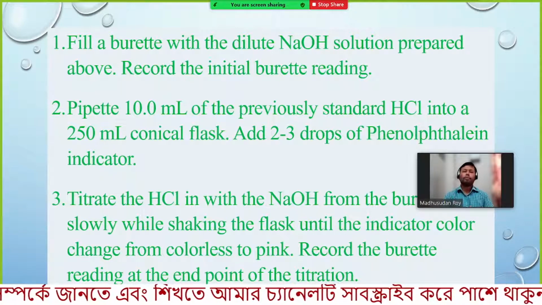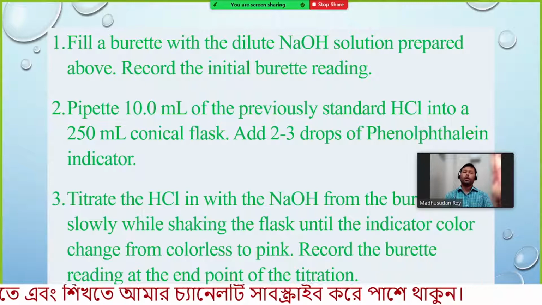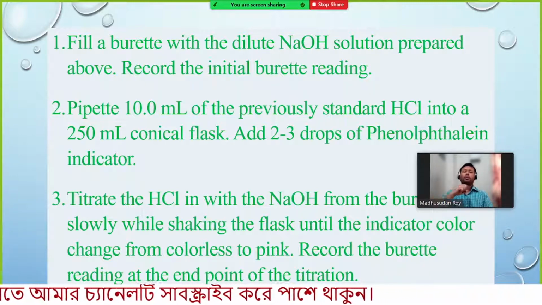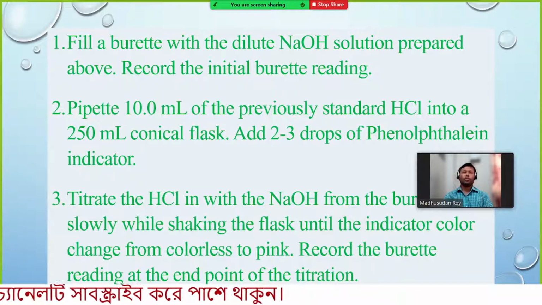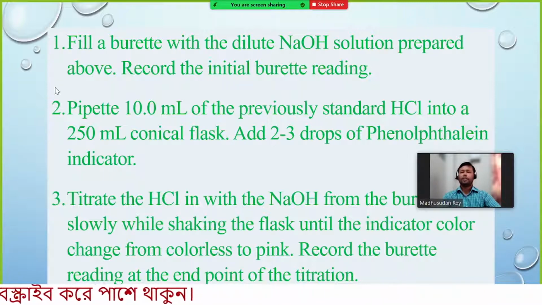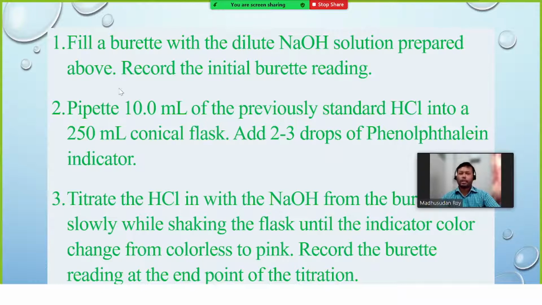When the pH of the solution is above 7, the color of the solution will be pink. Therefore first take the sodium hydroxide solution in the burette and record the initial burette reading, exactly similar to the previous experiment.